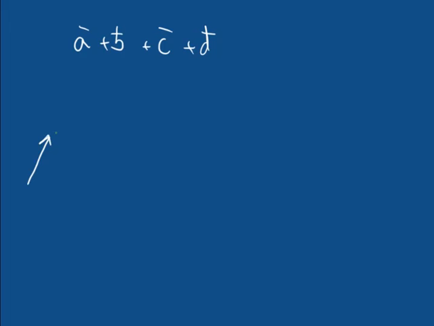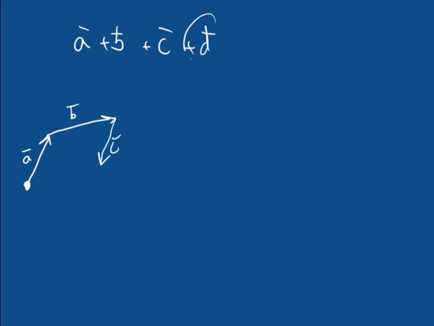Each of these vectors would be a directed line segment. If we started them anywhere in Cartesian space, because they're free to travel around Cartesian space, so we pick some point, and then if we were to lay them end to end, so we travel along the length of A, once we've got to the end of A, we then look at B, so we then travel along the length of B. Once we've got to the end of B, we then look at C and travel along the length of C. Perhaps that comes down this way.